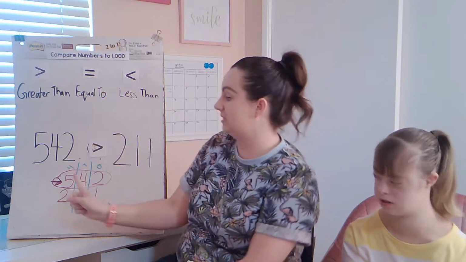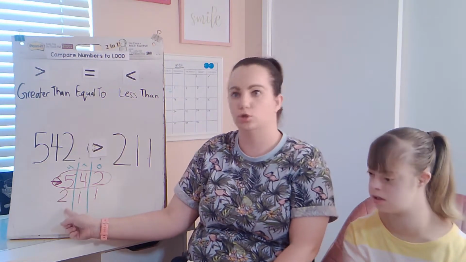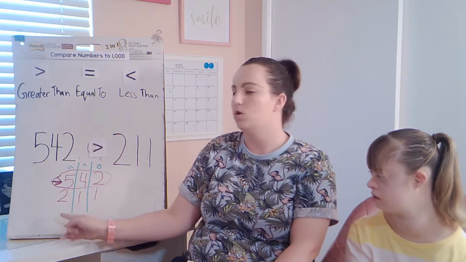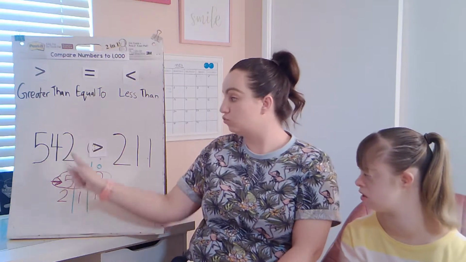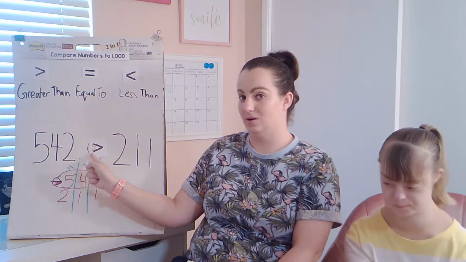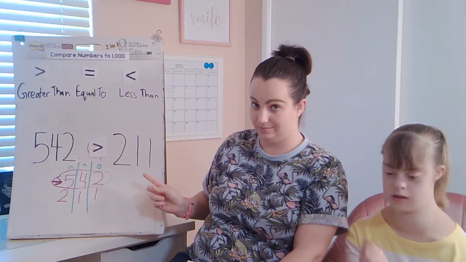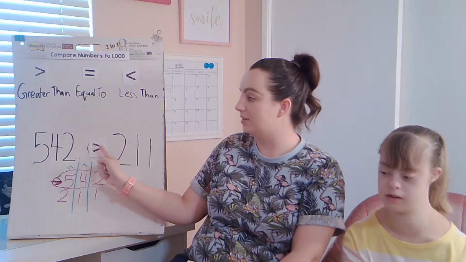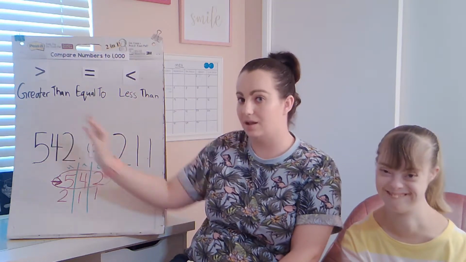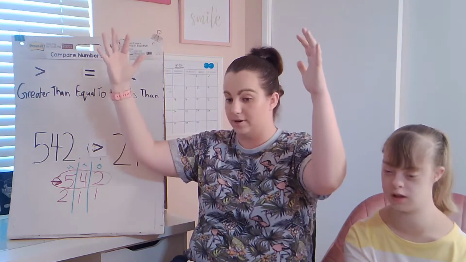Okay. By seeing that already, 500 is bigger than just the 2 and the 200 number. We already know 542 is greater than or bigger than 211. Nice job. Okay, so that's why the alligator mouth is facing 542 because it's the bigger number.